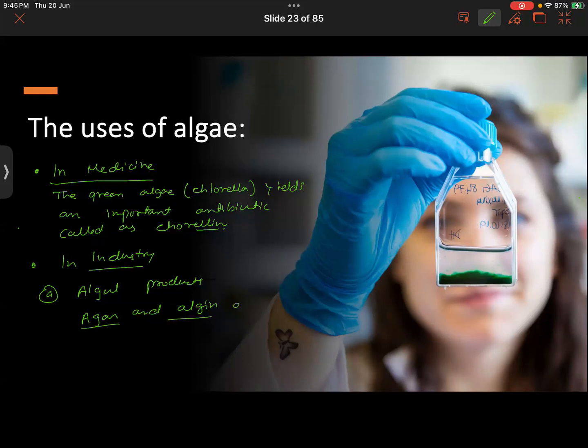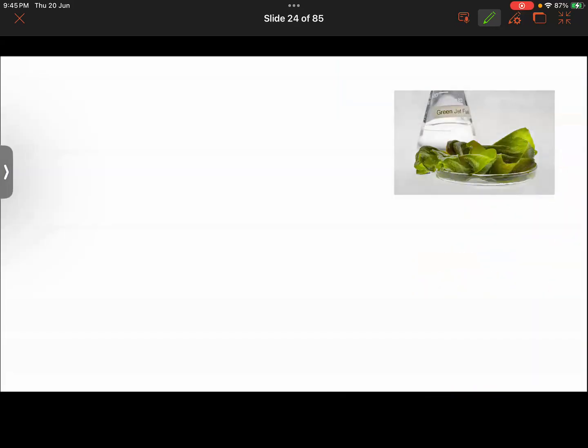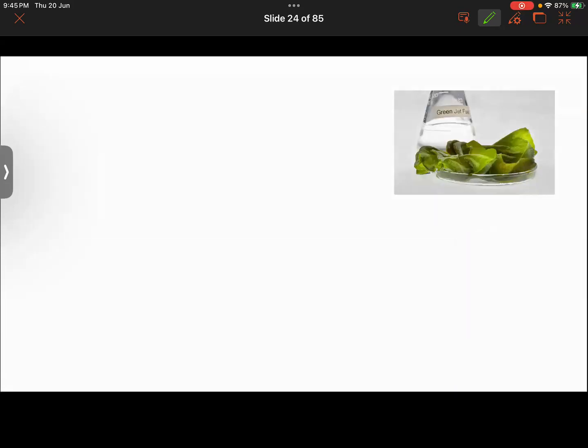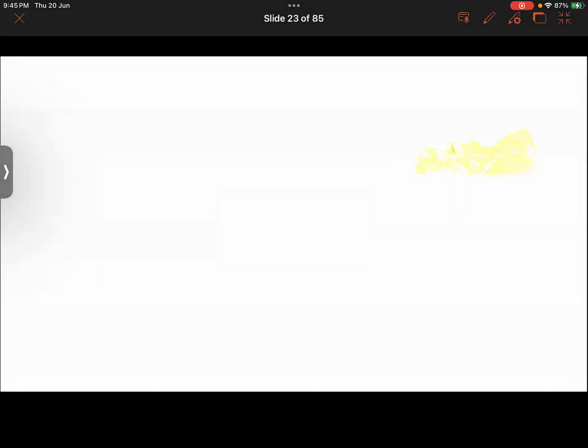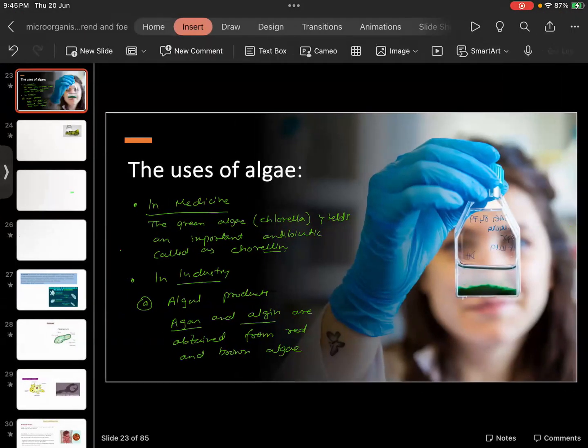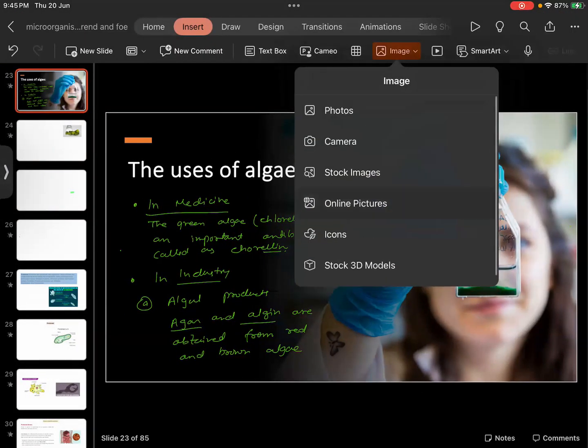Agar and algin are obtained from red and brown algae. I believe I might have had an image of that in the slide. If not, let me just show you an image of it so that you can understand it in a better manner.